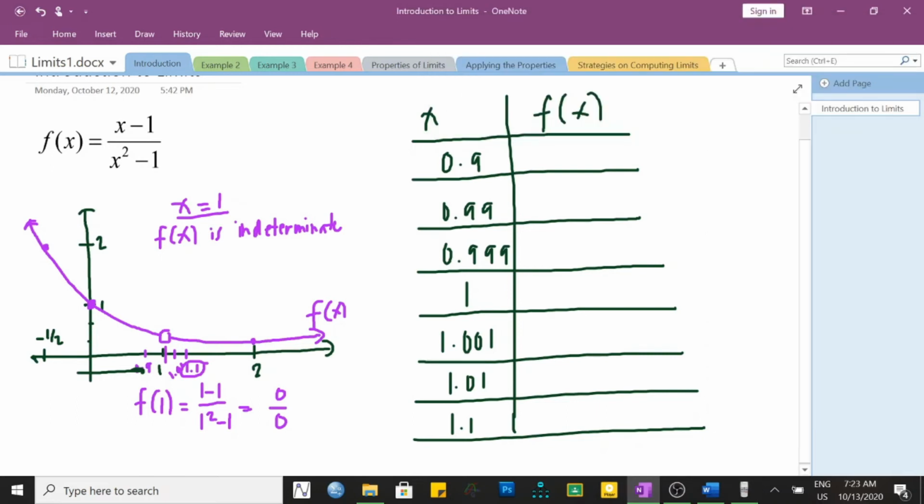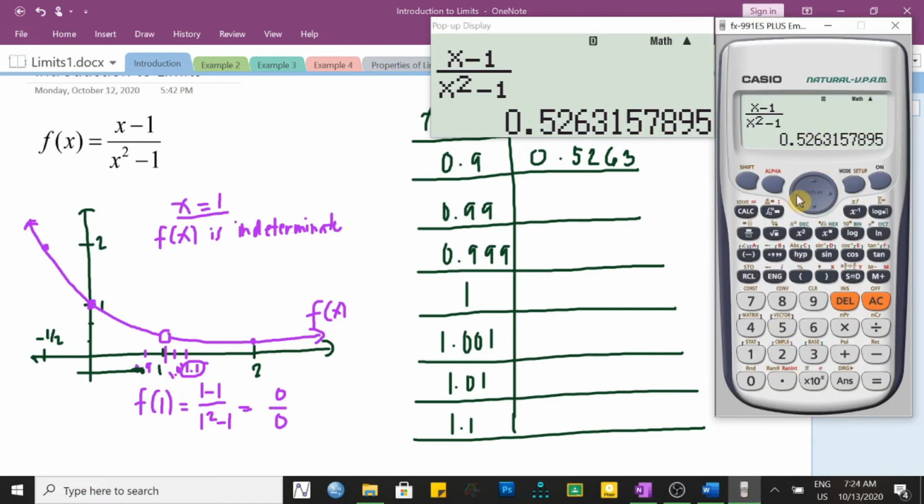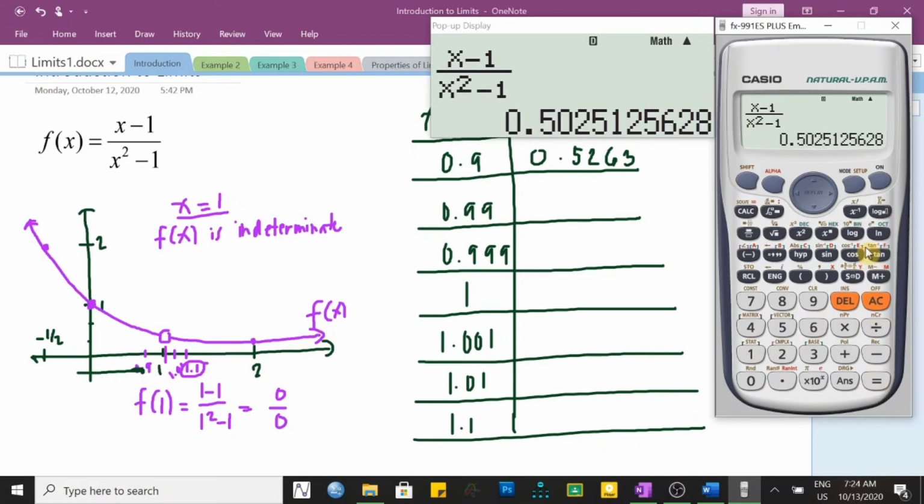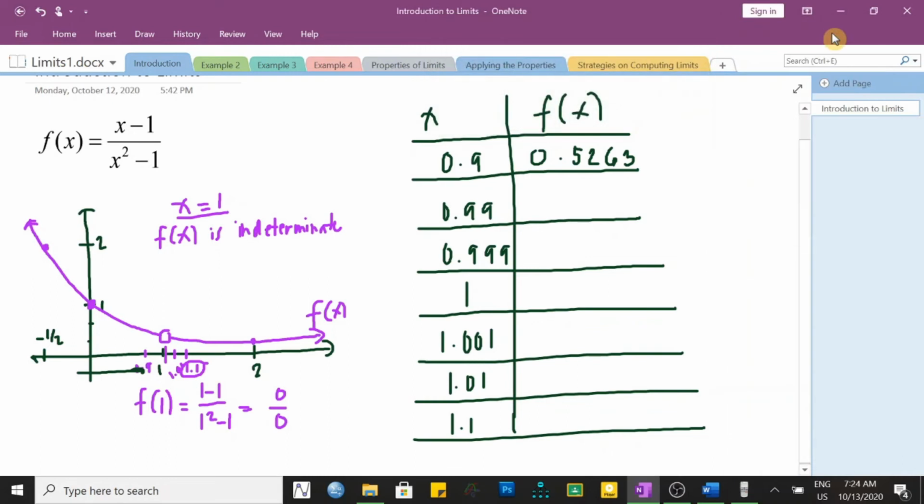Let us write that first. Let us do the same for the other values. So we go back to our calculator, press the left arrow, it will go back to our expression, and then do the same, press calc, and this time we are computing for 0.99. Let's memorize the answer, 0.5025 approximately.